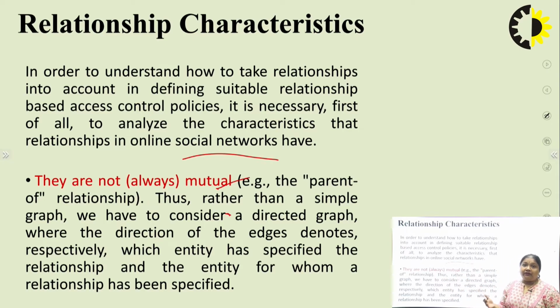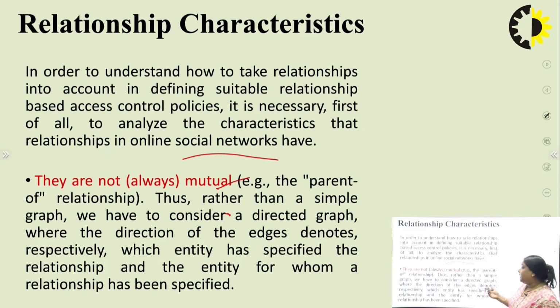Example, the parent of relationship. Thus, rather than a simple graph, we have to consider a directed graph, where the direction of the edges denotes respectively which entity has specified the relationship and the entity for whom a relationship has been specified.